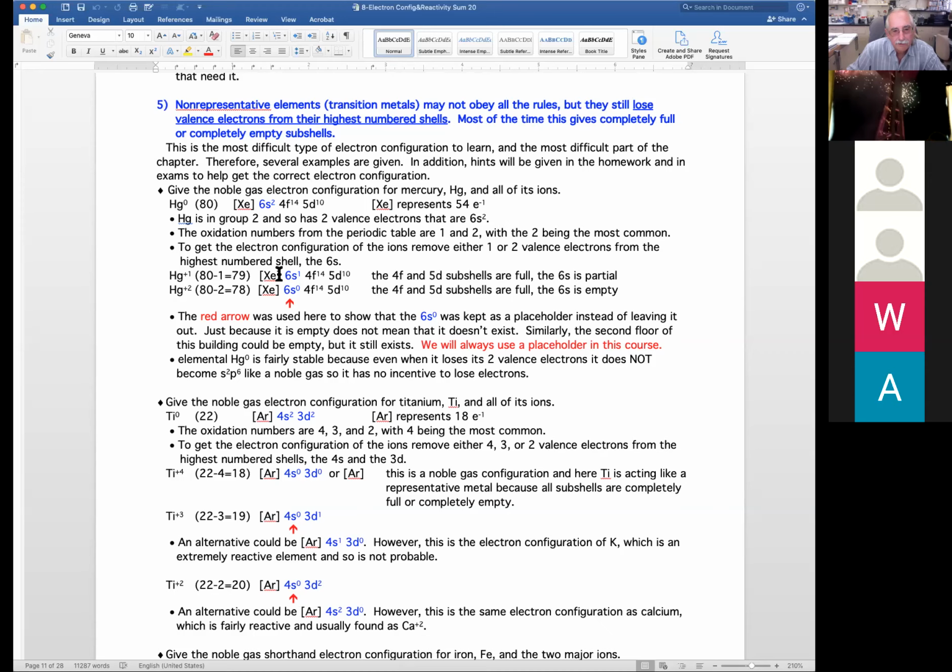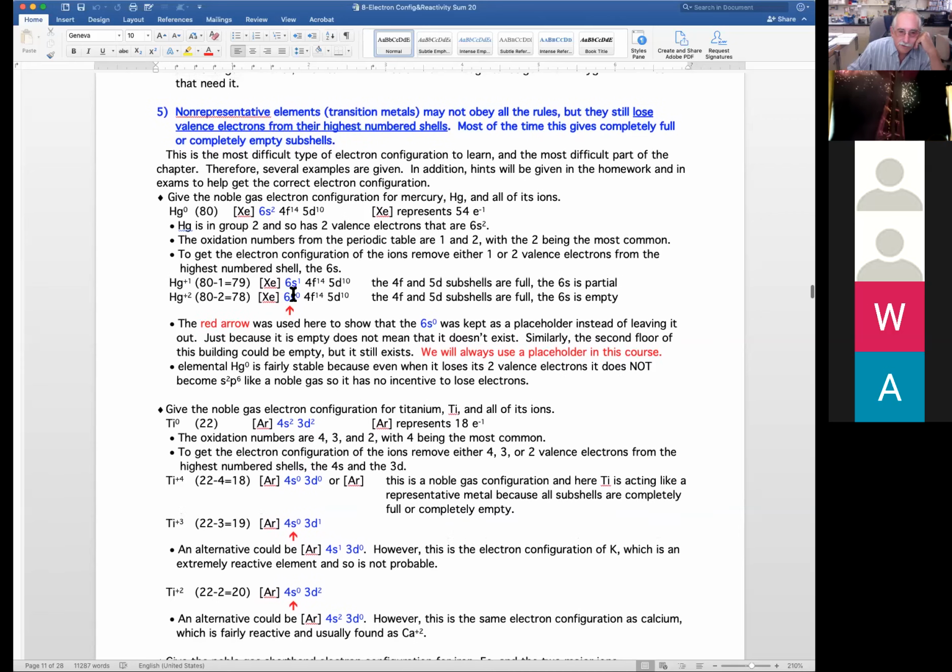Notice that even though this is partially full, that's completely full, that's completely full. If I take 2 electrons from mercury, this is the more stable ion, this is what I get. So now this is completely empty, and these are completely full. Does that make sense?